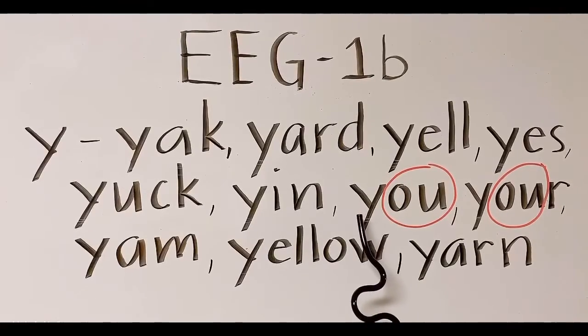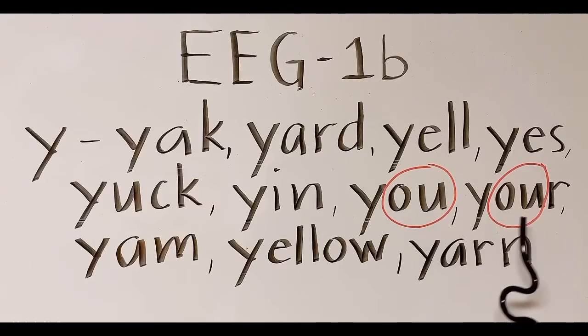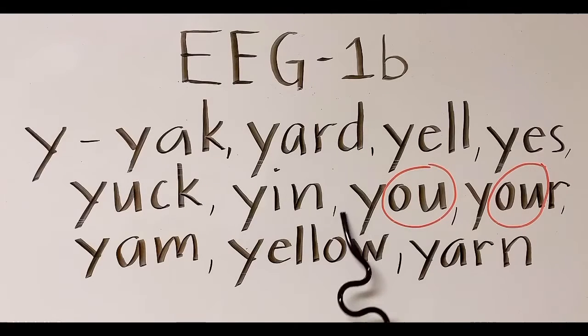Let's review some words over here. Look at the words you and your. The combination of the letters O and U are the same, but they have different sounds. The sound of OU here is oo. You.